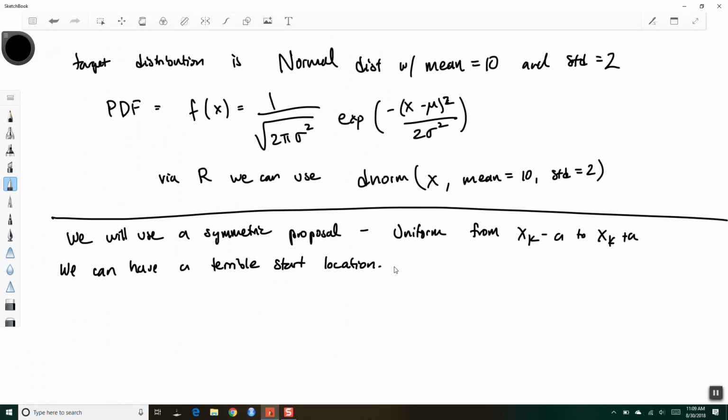Okay, so we're starting at positive 50. We're going to propose values between 47 and 53. Okay, so let's say we propose 52. So we look at 52, we look at 50, and the way we decide to move is we look at the probability of the proposed value. What's the probability of 52 under the normal distribution versus the probability of 50 under the normal distribution, okay?